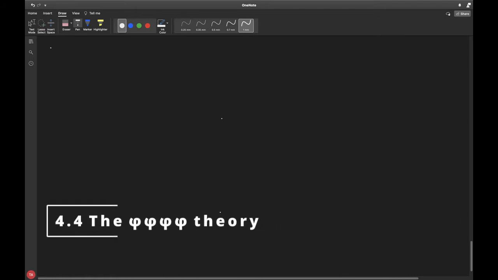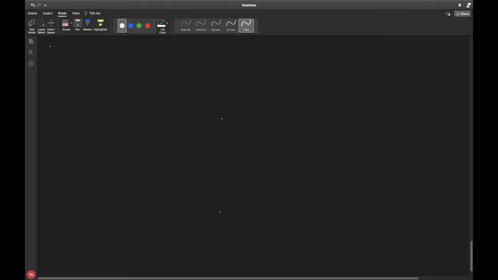As a next step, let's do a special case. This special case is going to be the so-called phi to the power of 4 or phi 4 theory. So 4.4 is the phi 4 theory. That means that we will replace this J term with a term that has the phi on the fourth power.